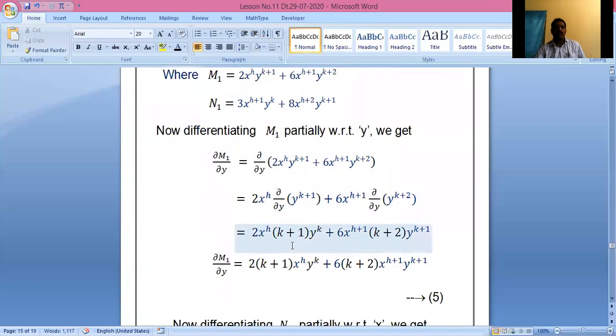Now differentiating M1 partially with respect to y, we get ∂M1/∂y = ∂/∂y of (2x^h y^(k+1) + 6x^(h+1) y^(k+2)). Here, differentiating partially with respect to y, treating x as a constant.